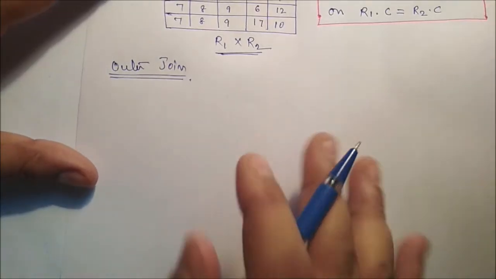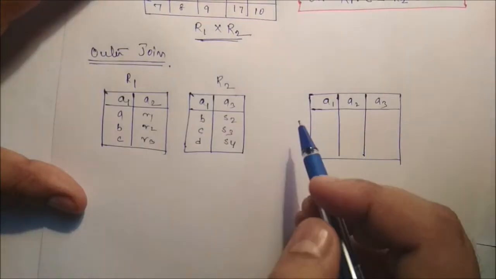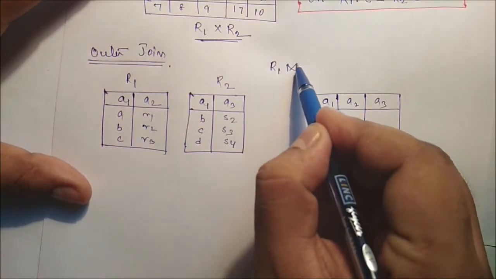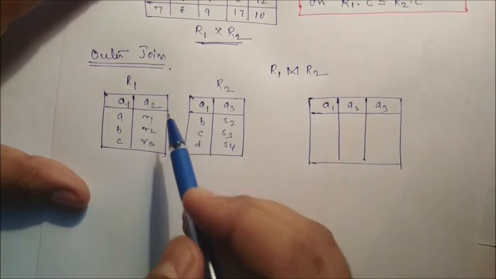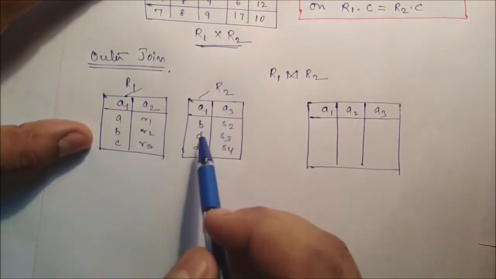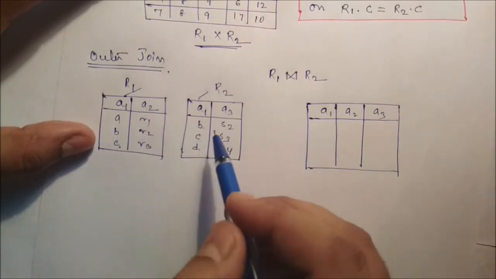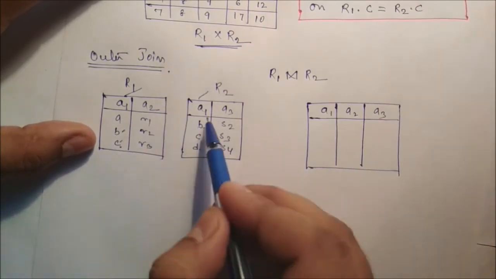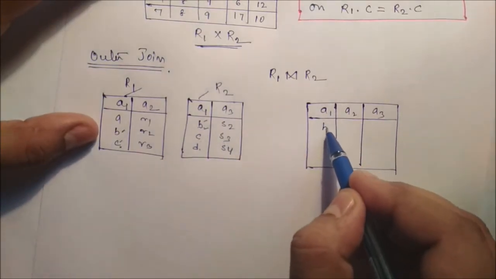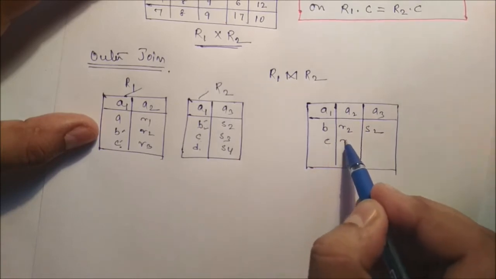Here, suppose two tables are there. Now suppose we apply a simple inner join, R1 join R2. Here A, B, C is there in one table and B, C, D in the other. It matches only B and C, so the output will be B R2 S2 and C R3 S3.